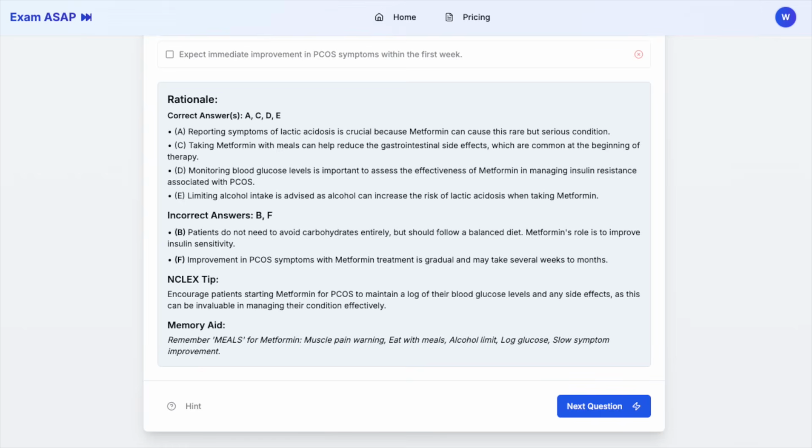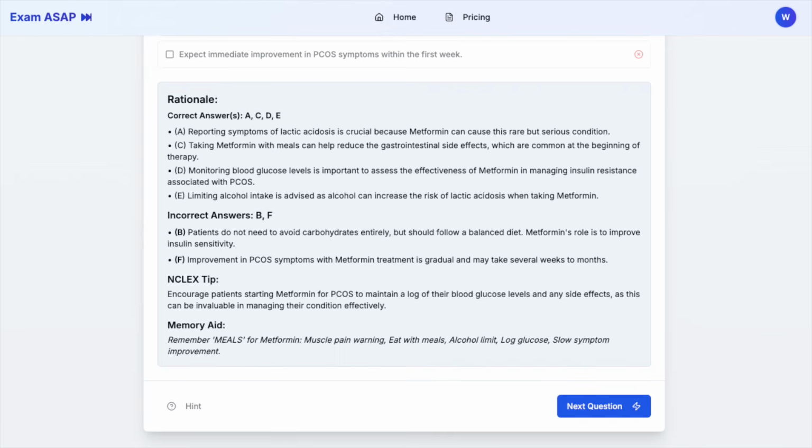E. Limiting alcohol intake is advised as alcohol can increase the risk of lactic acidosis when taking metformin. B and F are incorrect as patients do not need to avoid carbohydrates entirely, but should follow a balanced diet.